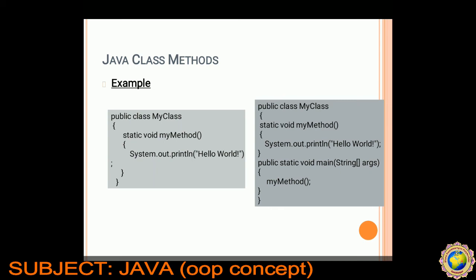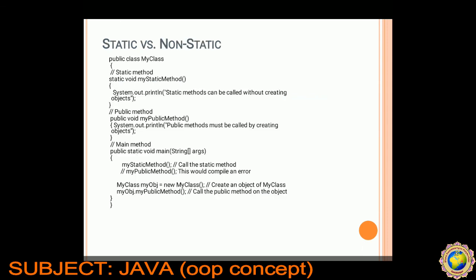See, myMethod. This is how we can call the method. The static we have defined over here, so that's why we do not have to create any object to call this method. We can directly write it like this. But when we are not using static, the next topic is what is the difference between static and non-static.